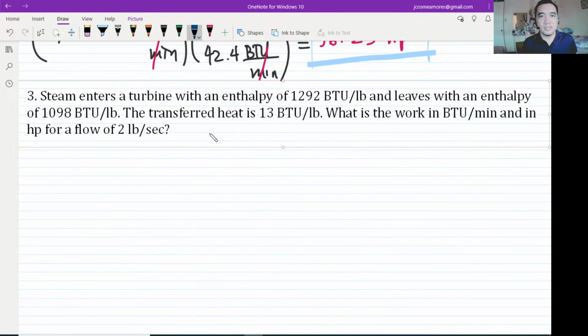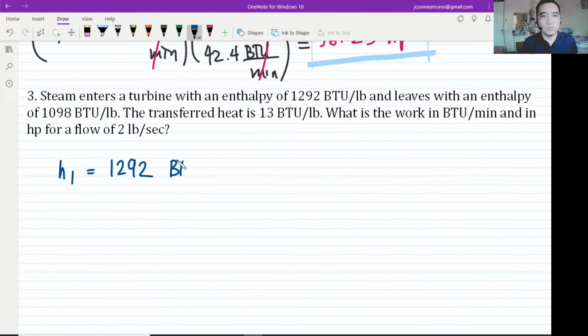Steam enters a turbine with an enthalpy of 1292, so that is H sub 1, 1292 BTU per pound mass, and leaves with an enthalpy of 1098 BTU per pound mass.